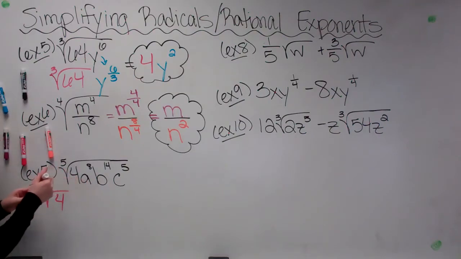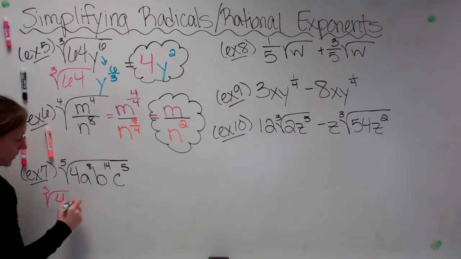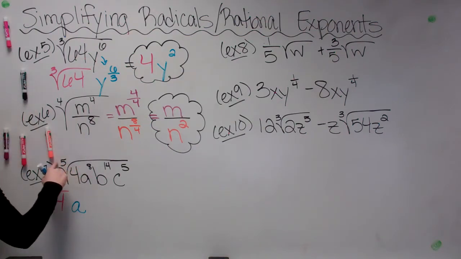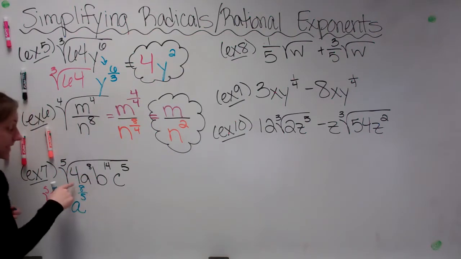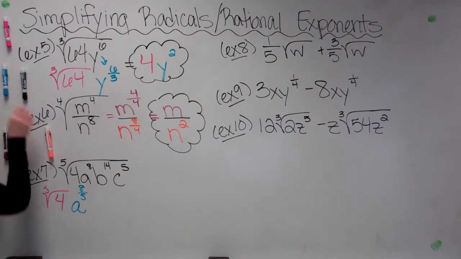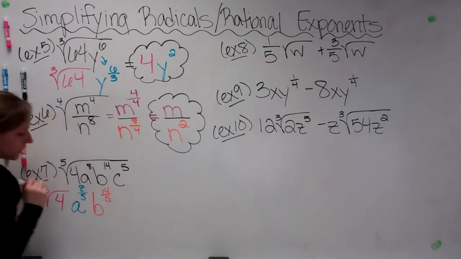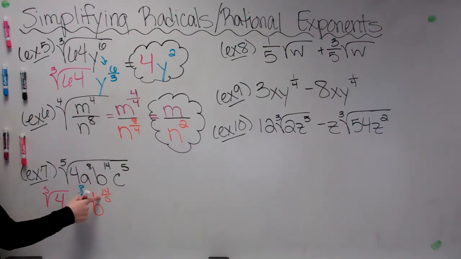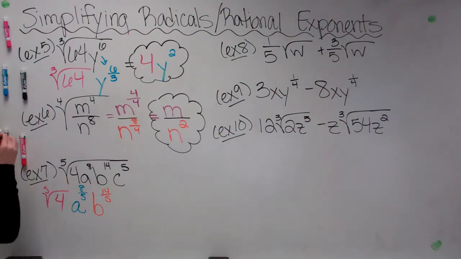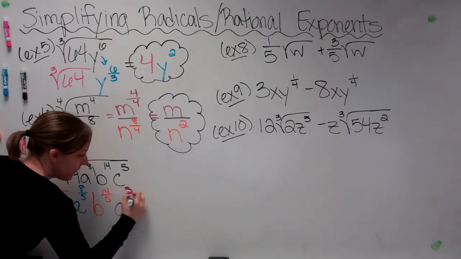All right. Then let's rewrite each of these. So this is a to the 8/5. It's not going to divide evenly, so I'll show you where to put your leftovers. B to the 14/5. All right, that's also not going to divide evenly, so we're going to have leftovers. And then c to the 5/5.